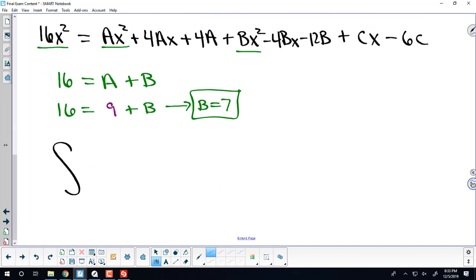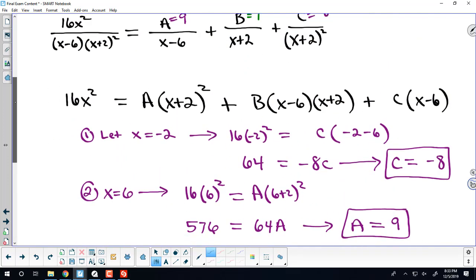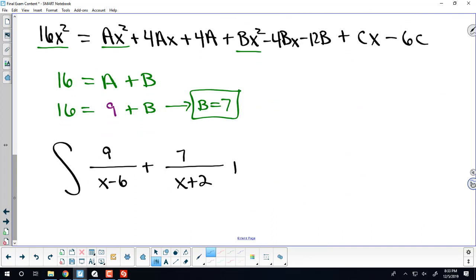So the original integral is broken down into those parts: 9 over x minus 6 plus 7 over x plus 2, and c was -8, minus 8 over x plus 2 squared.